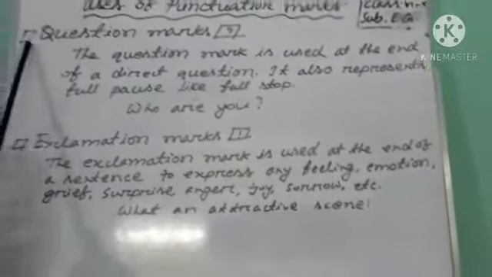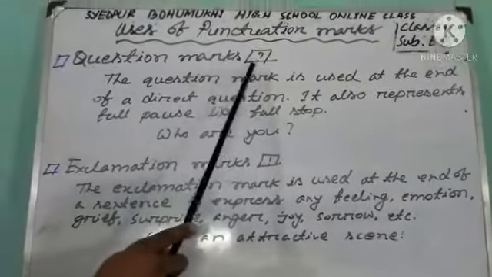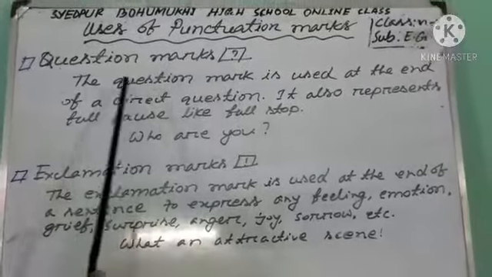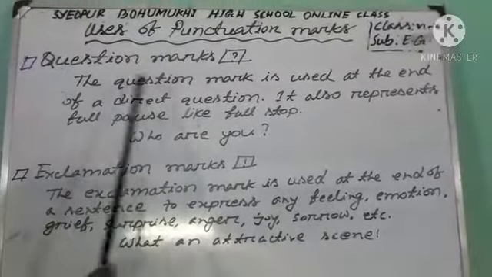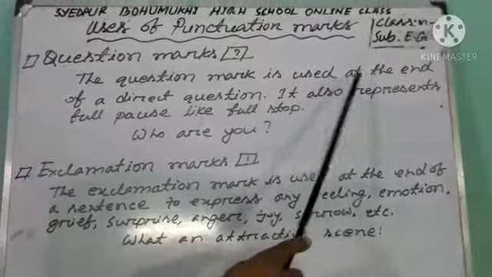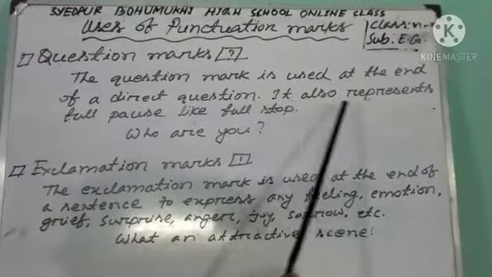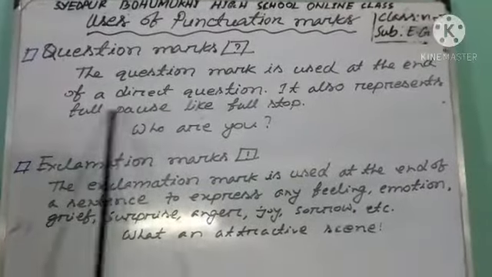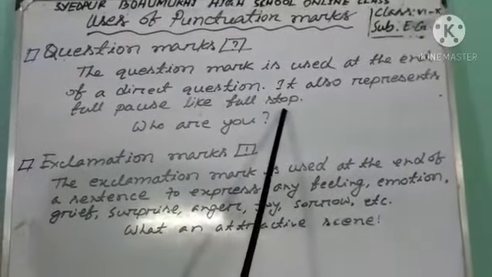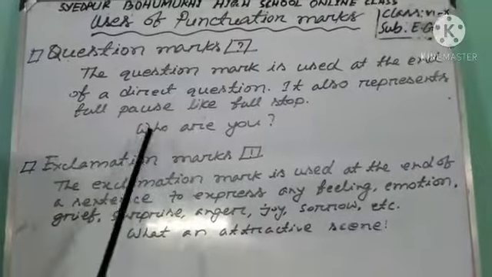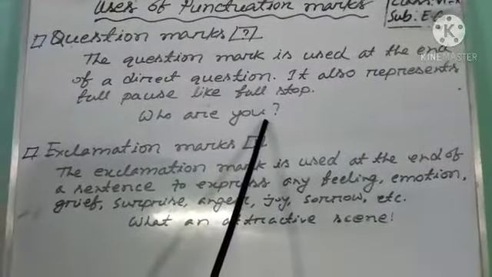Now we are going to learn when we use a question mark in our sentence. Look at the whiteboard. The question mark is used at the end of a direct question, and it also represents a full pause like a full stop. For example, who are you?